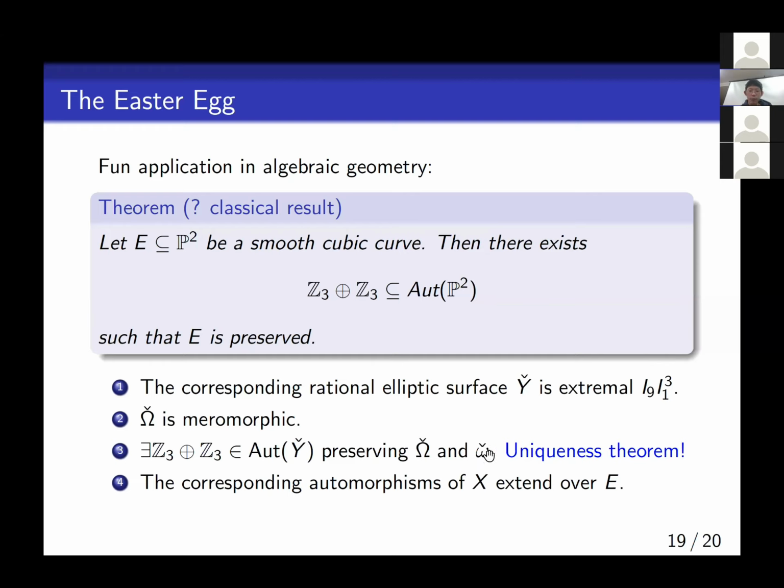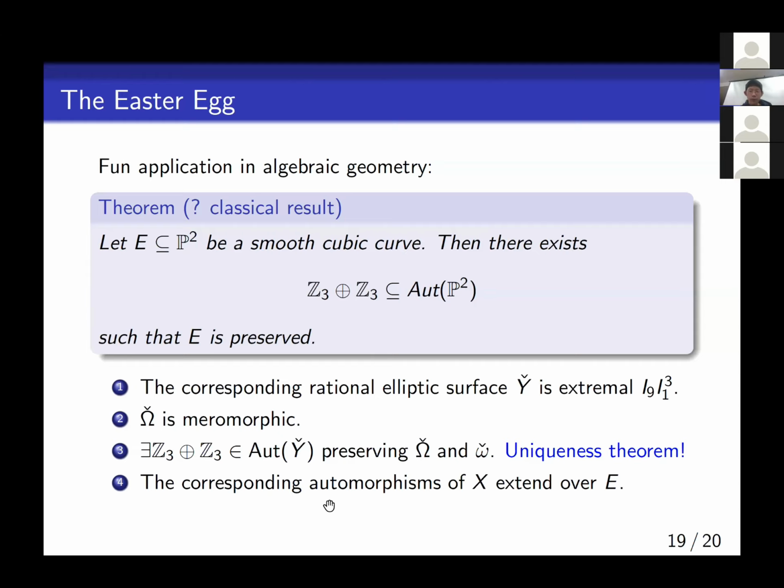Then we proved a uniqueness theorem, which is where the hard analysis is hiding, that the Kähler form is also preserved. Altogether, when you do the hyperkähler rotation back to X, this automorphism fixes capital Omega and little omega.